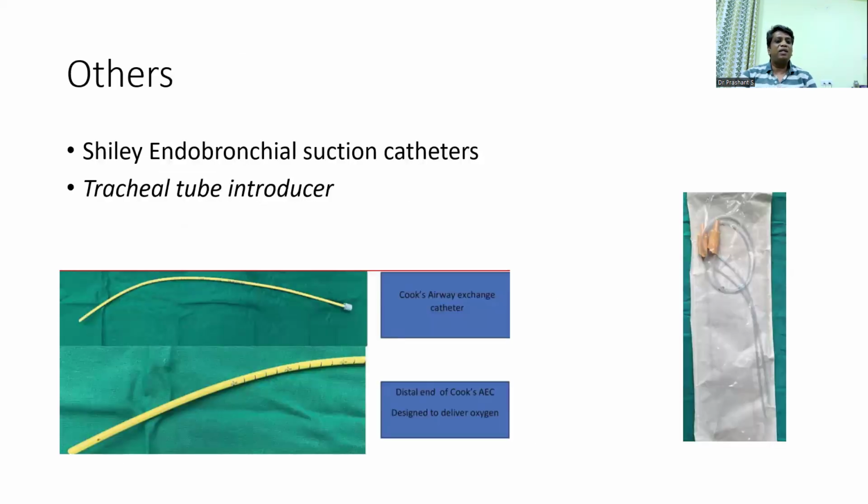There are other methodologies like endobronchial suction catheters and a tracheal tube introducer, especially Cook's airway exchange catheters, which can be connected to the oxygen source while changing the tube or during the intubation itself. So it will act as the source of oxygen insufflation.